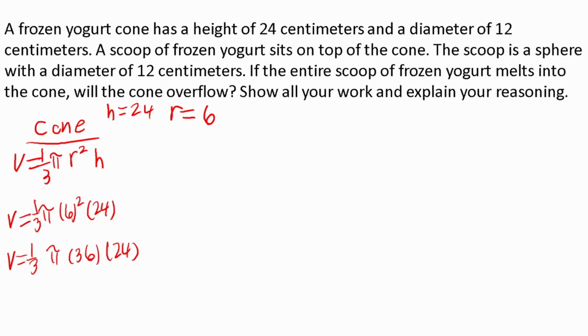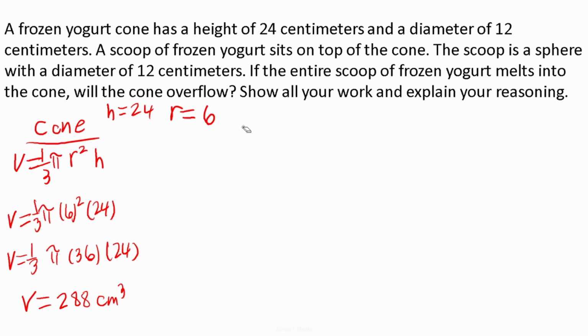So 1/3 times 36 times 24 gives me 288. So the volume of the cone is 288 centimeters cubed. So if the volume of the ice cream that melts, the volume of the sphere, is more than 288 centimeters cubed, then the ice cream cone will overflow. If it's less, we're good to go. No overflow.